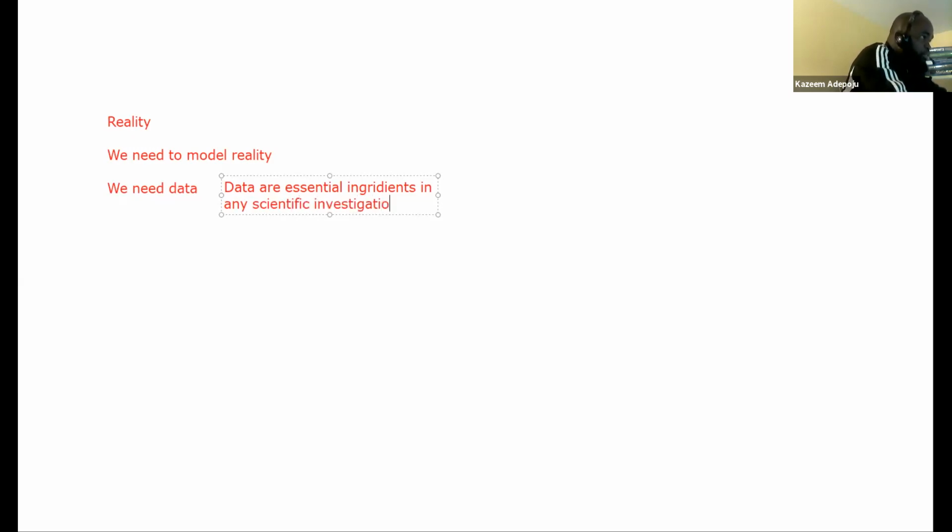That is why we actually need data to get things done. Essential to any scientific investigation is data.